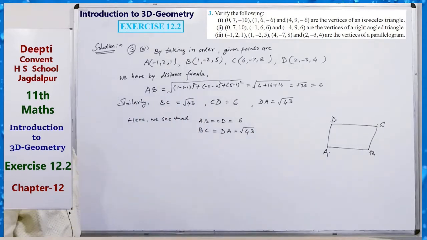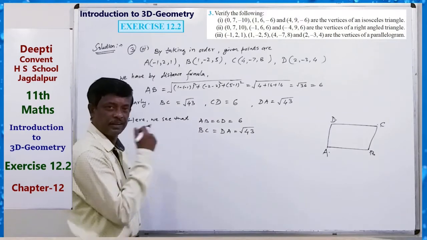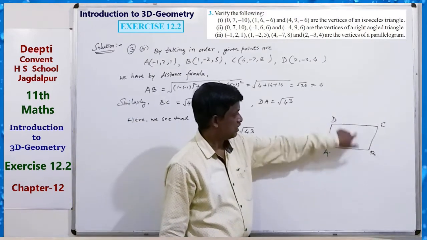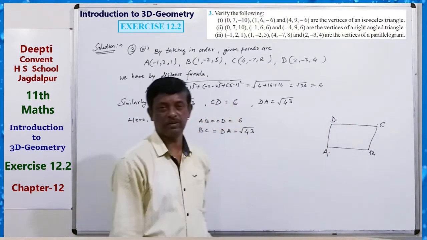That means the lengths of opposite sides are equal in the quadrilateral.